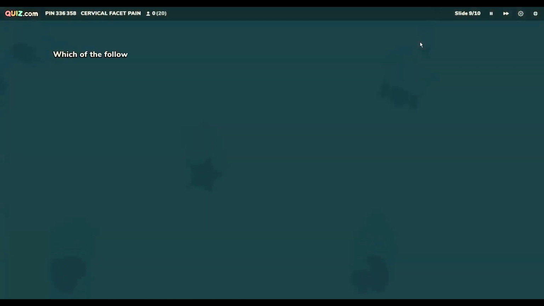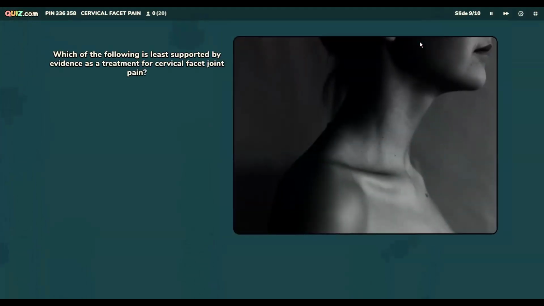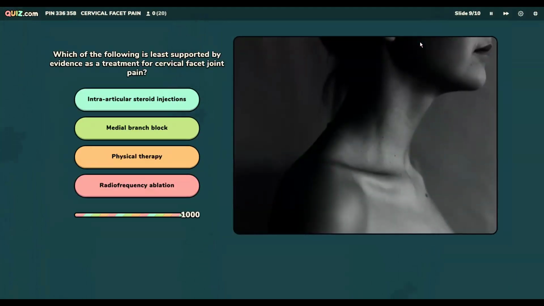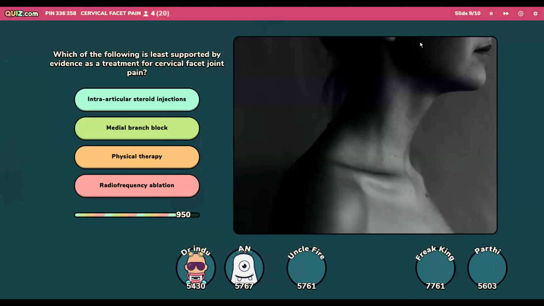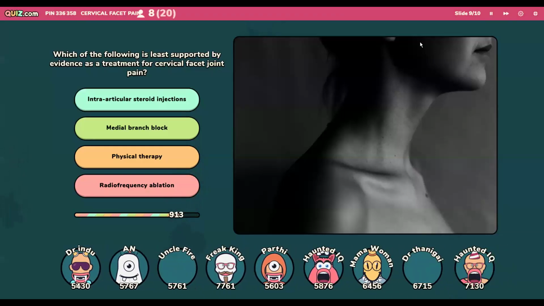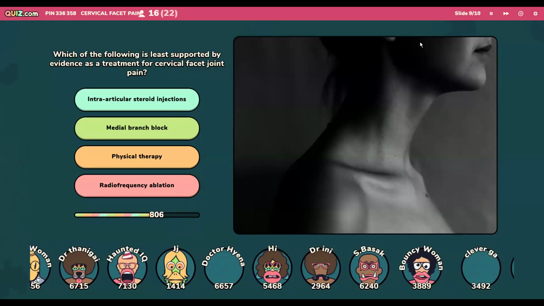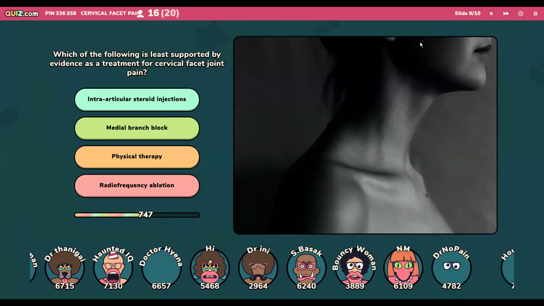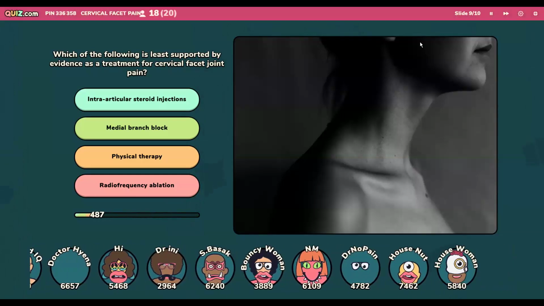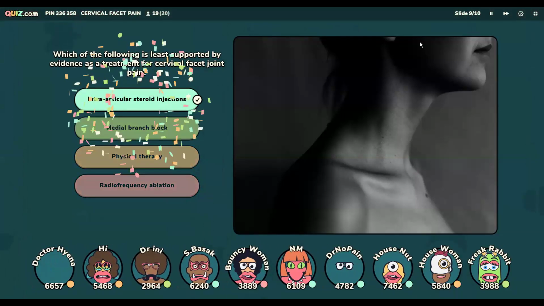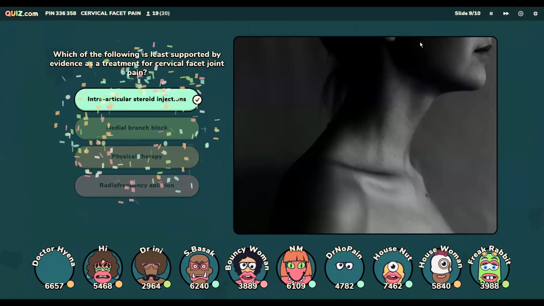Which of the following is least supported by evidence as a treatment for cervical facet joint pain? Intra-articular steroid injections.